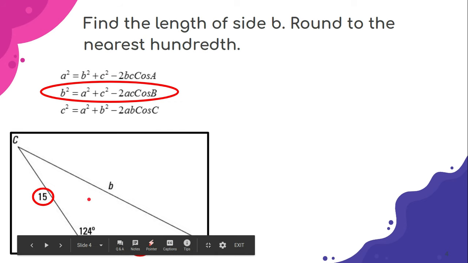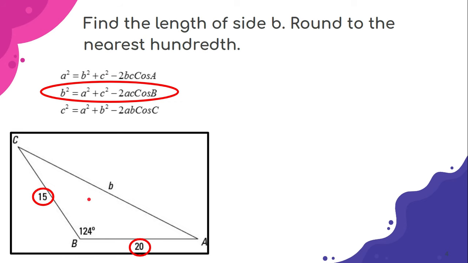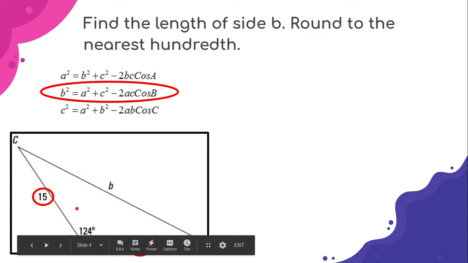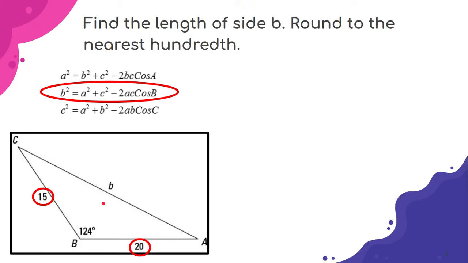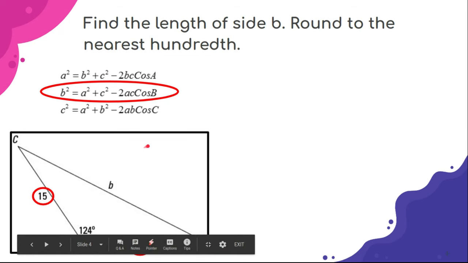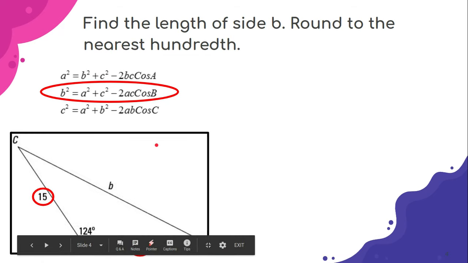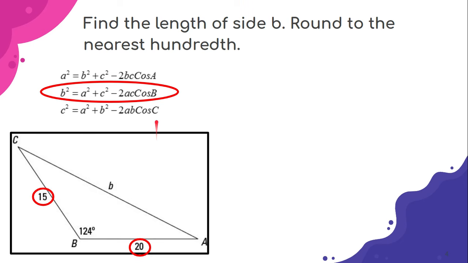And lastly, the cosine of B, or angle B, which is 124 degrees. But before we substitute those into the formula, I would like to clarify that you can switch the A and C values positions together because at the end they will add or multiply to get the same solution.